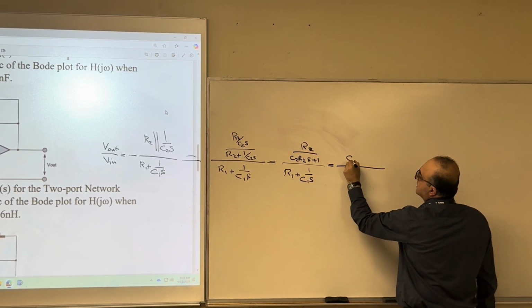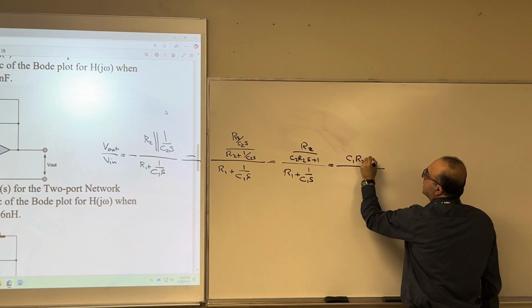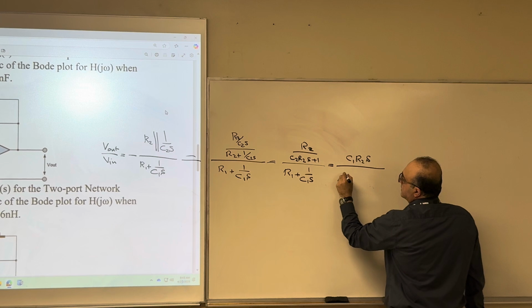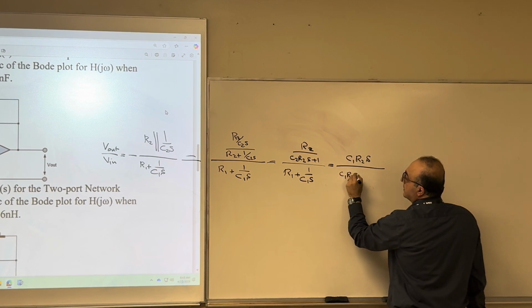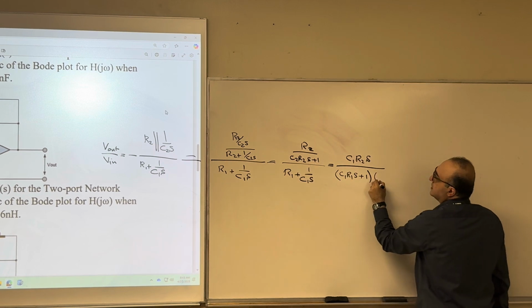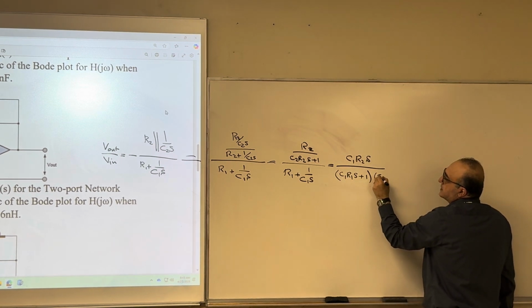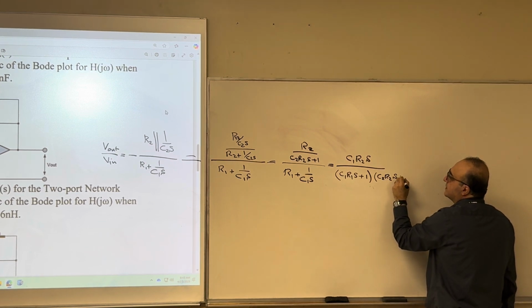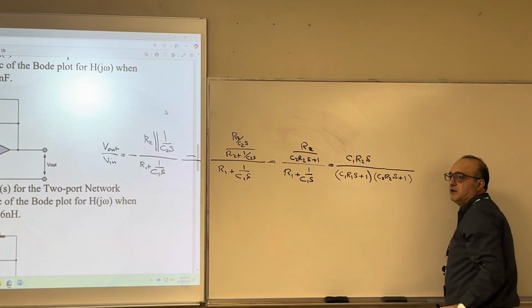So it's going to be C1R2S, then this is going to be C1R1S plus 1, and this part is C2R2S plus 1. What do you see here?